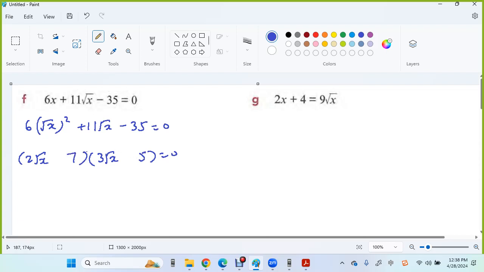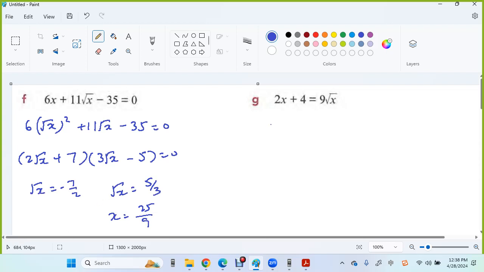So 21 minus 10, then plus 21 minus. So we have square root x equal to negative 7 over 2 and square root x equal to 5 over 3. So x equal to 25 over 9.